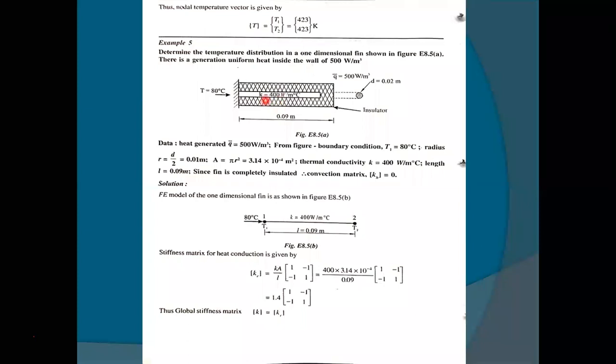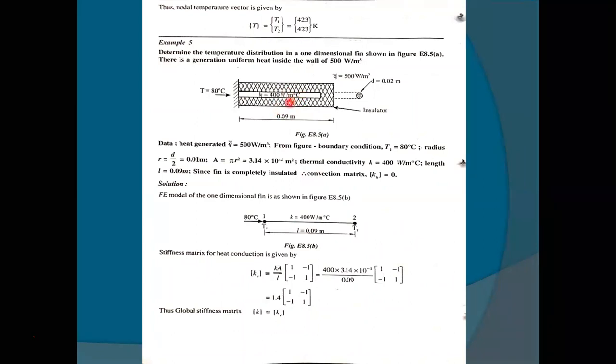No, sir. The fin is completely insulated. So there is no convection. The fin is not subjected to the surrounding temperature. So again here, there is no convection transfer.